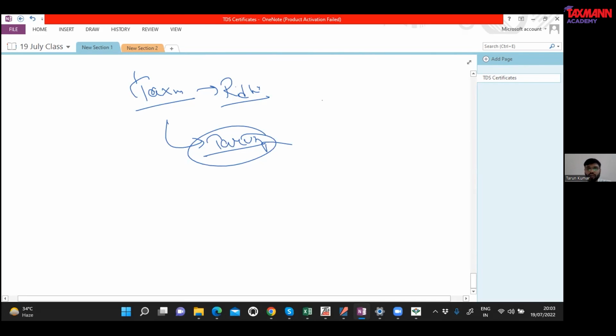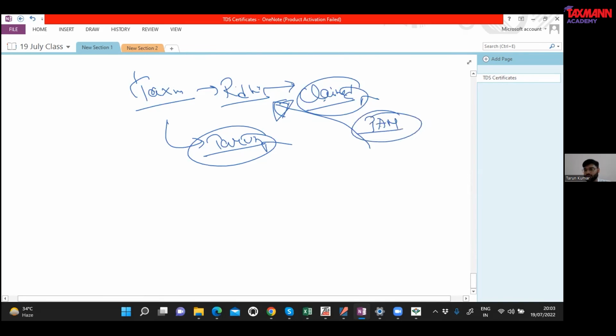But since the tax has already been deducted by Taxmann, even in this case she claims that tax credit in her income tax return. Right. Now a demand will arise against Ridhima that this TDS is not reflecting against your PAN number.